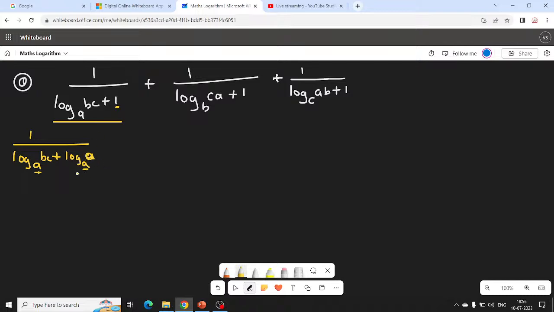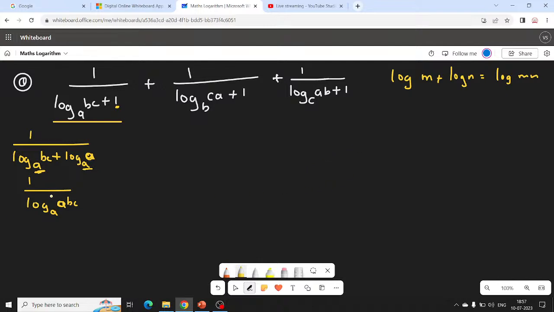That's why I'm writing it like this. Then what is the formula for log of m plus log of n? You multiply, correct? Log mn. So see, the base is the same, A and A. So 1 divided by, can I write this as log abc divided by a?